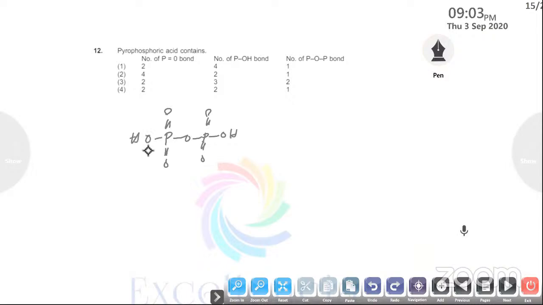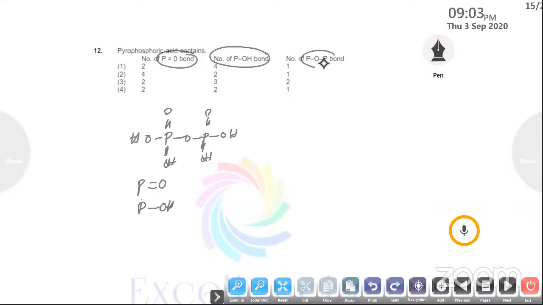This is pyrophosphoric acid. It is asking how many P double bond O's, how many POH bonds, and how many POP bonds.